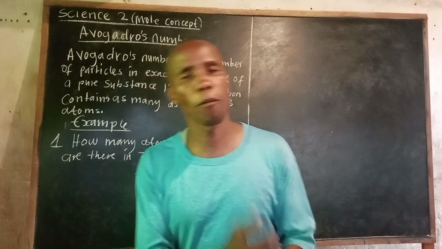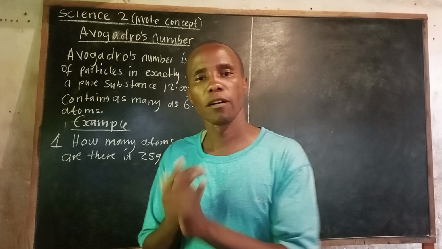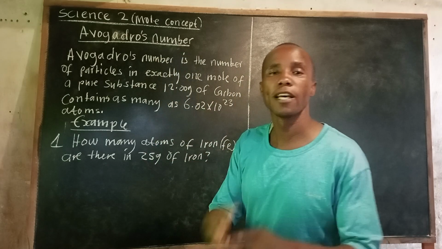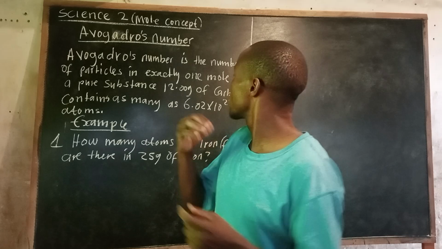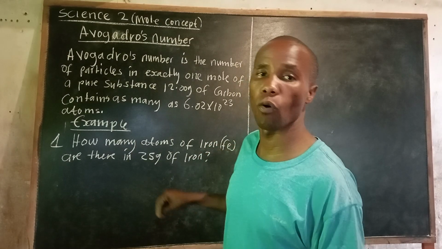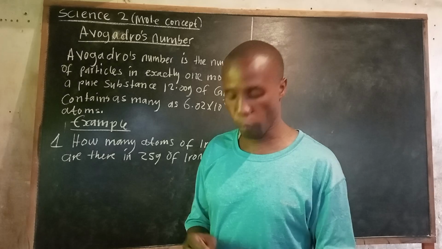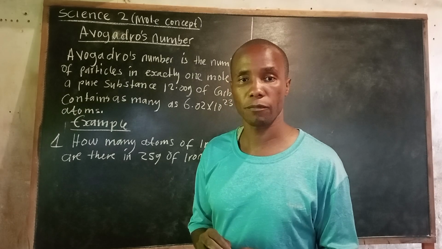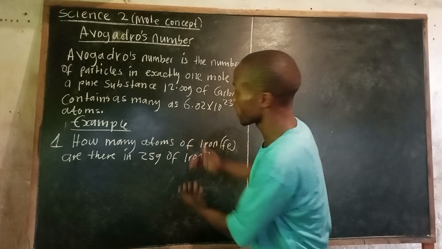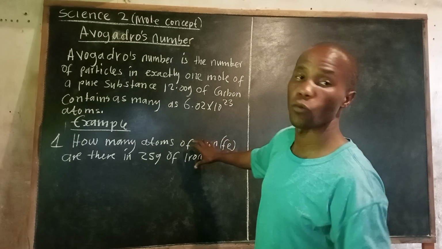Then 1 mole of a compound or molecule is equal to the same number, which is 6.02 times 10 power 23 particles or atoms. Very, very important to know that.